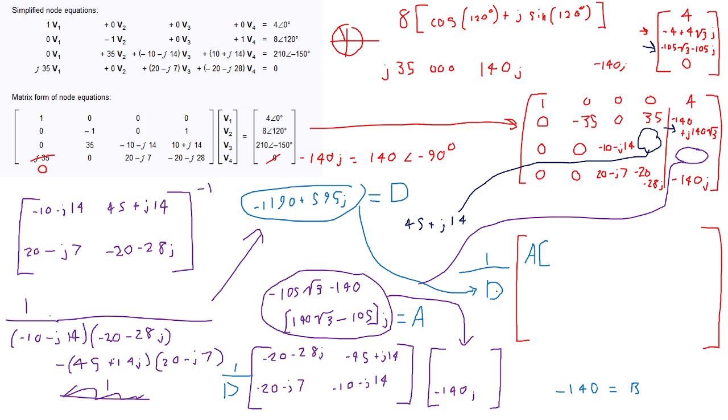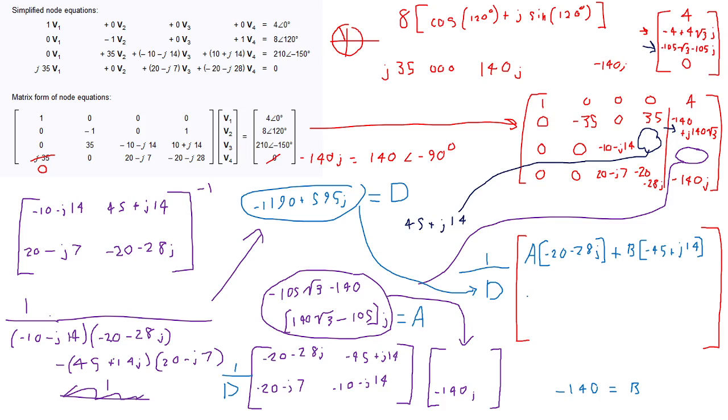So we get A times negative 20 minus 28J plus B times negative 45 plus J14. I'm really hoping this works the first time so I don't have to go back and try to dig up an algebra error, but that could happen.